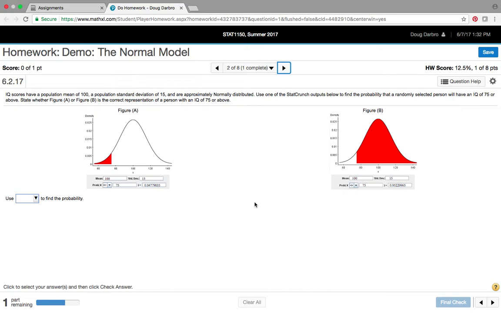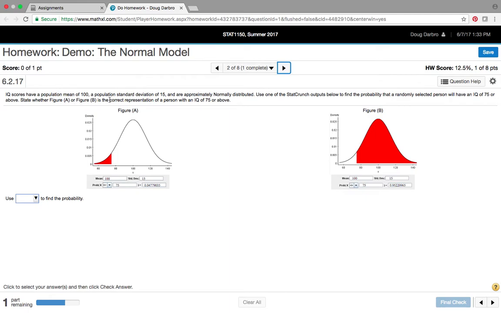Okay, question number 2. IQ scores have a population mean of 100, standard deviation 15. They're approximately normally distributed. Use one of the StatCrunch outputs to find the probability that a randomly selected person will have an IQ of 75 or higher. So guys, we know that has to go to the right.